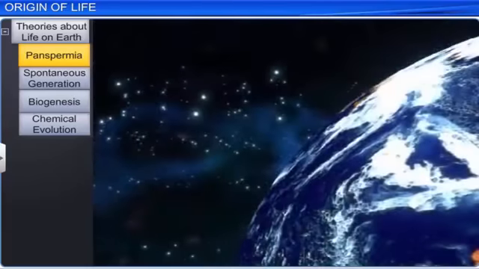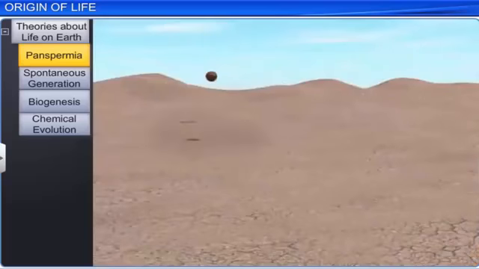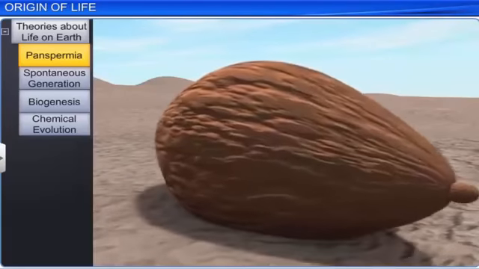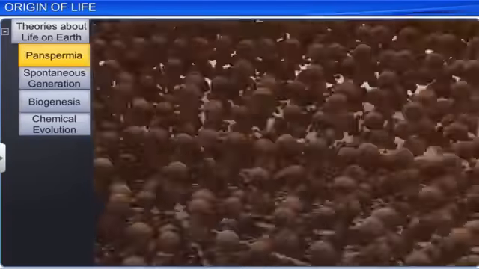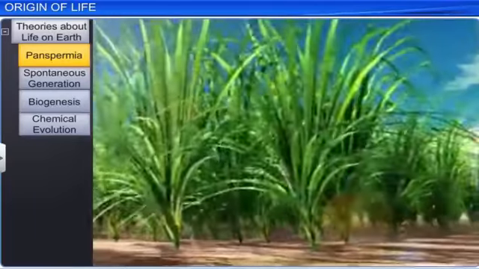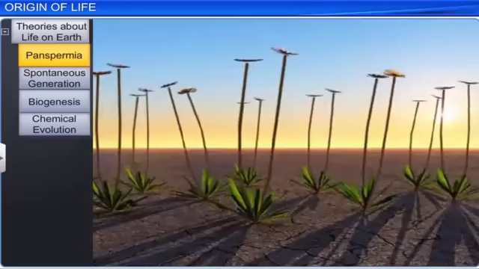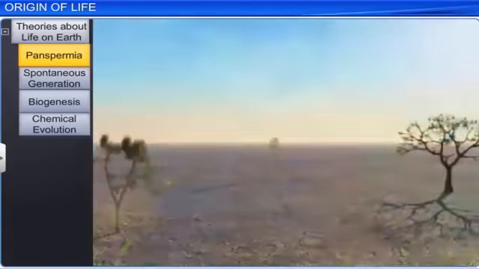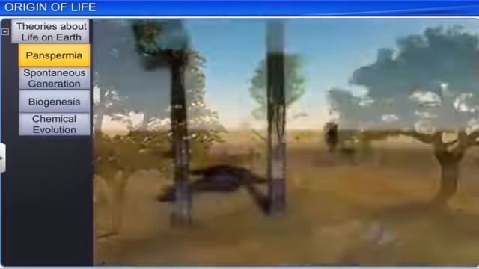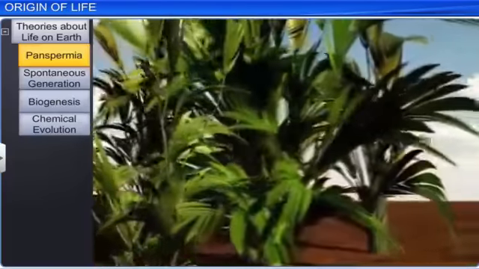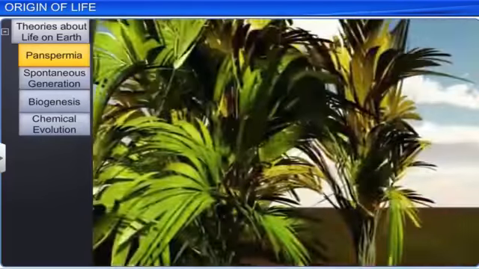It explains that units of life called spores were transferred to different planets. Panspermia assumes that seeds of life exist all over the universe. Therefore, the life on Earth may have originated after one such seed was deposited on the Earth from somewhere in the universe. This theory generates much interest even today.